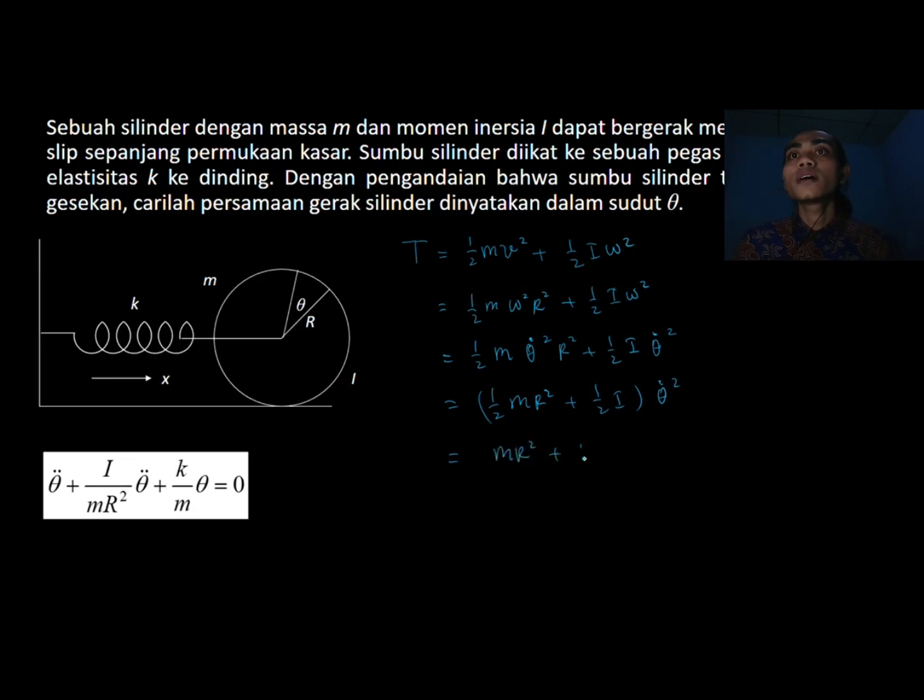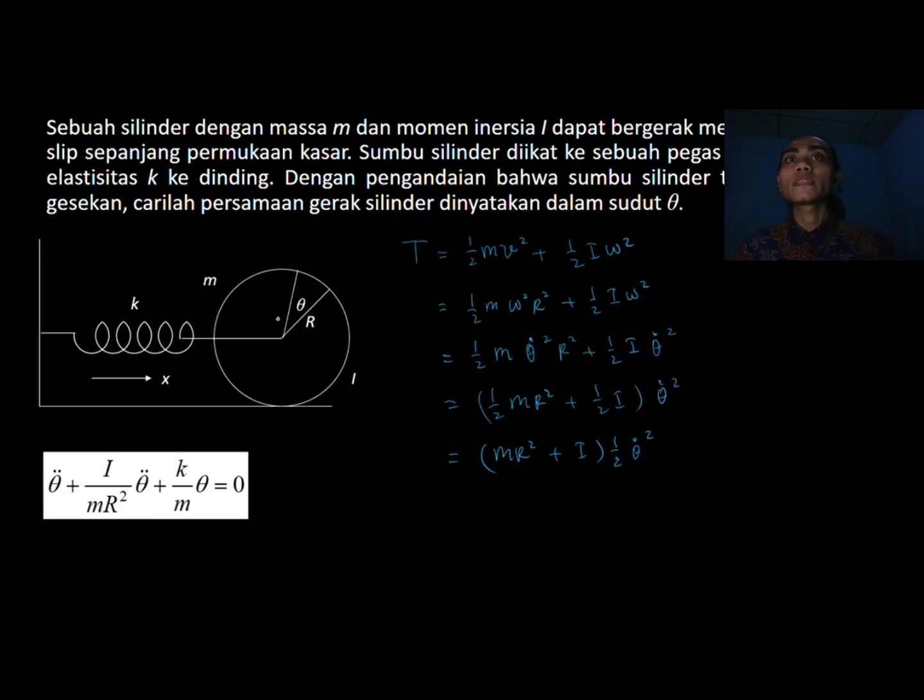If you want to separate the half, of course you can, like this one. So we have these equations, and then we look at the other energy, which is the potential.